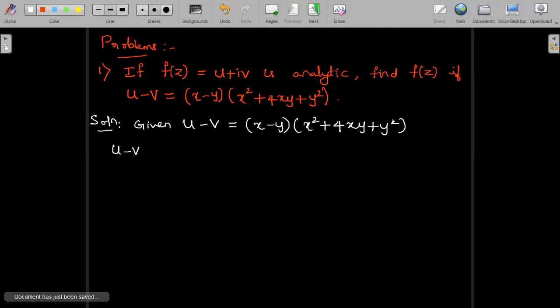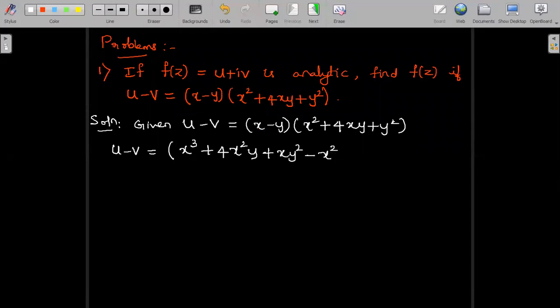So u minus v is equal to, let us multiply x first for the entire second bracket. So we get x cube plus 4x square y plus xy square. Then we'll multiply minus y for the entire second bracket. So minus x square y minus 4xy square minus y cube.